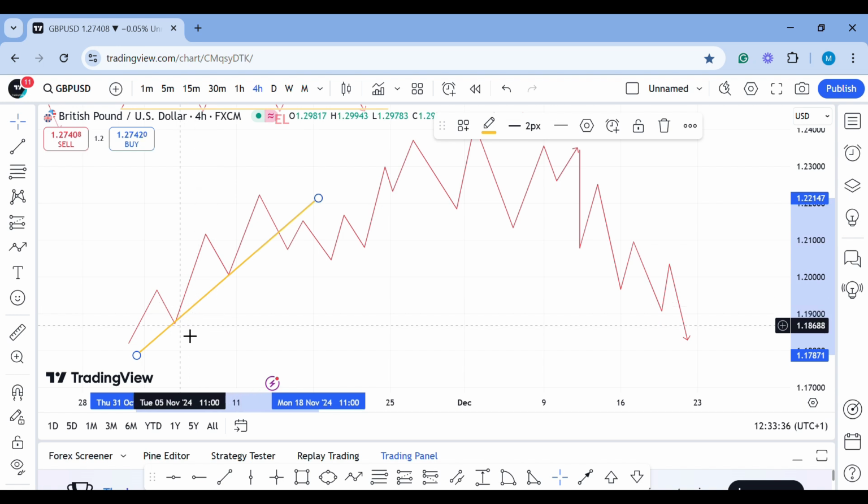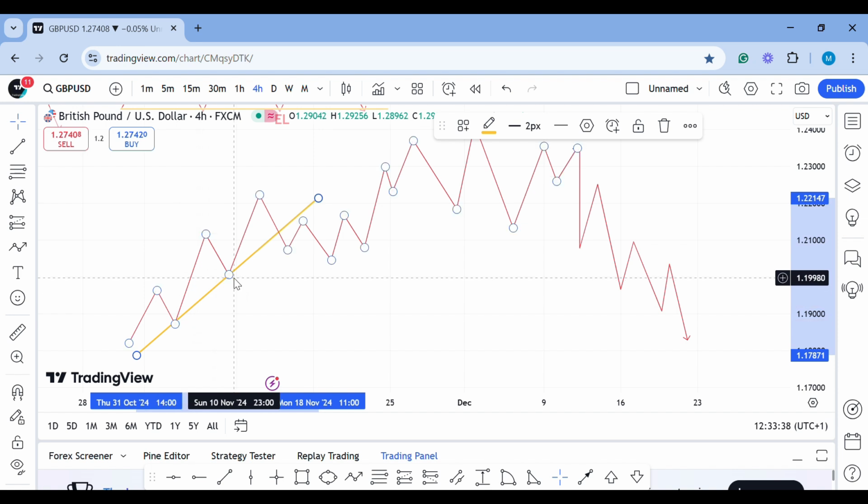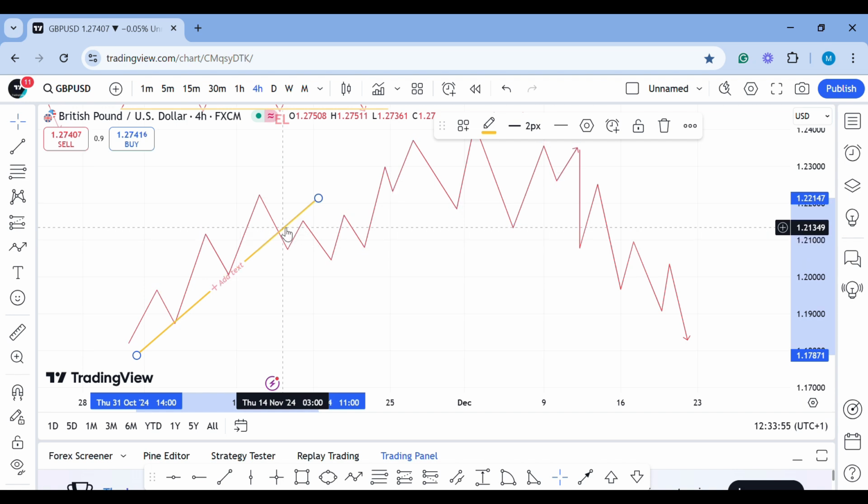Now we have one trough, two troughs, so it's valid. But on this page, you can see the market has broken it, which is known as a trend line break. You understand? But that does not mean that the market has changed its trend. No, that does not mean the market has changed its trend.